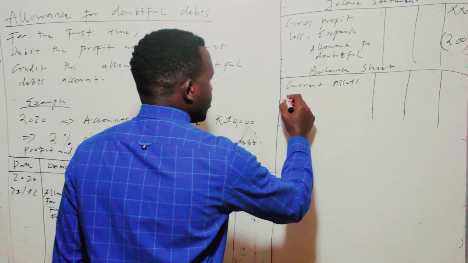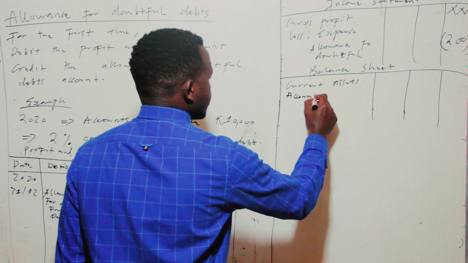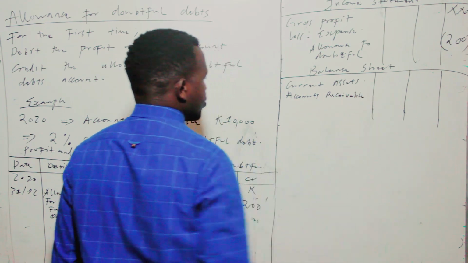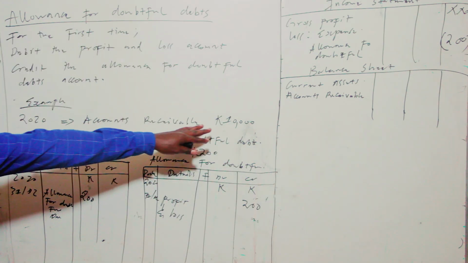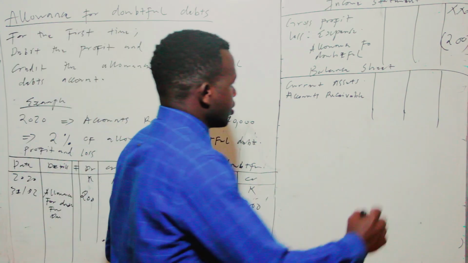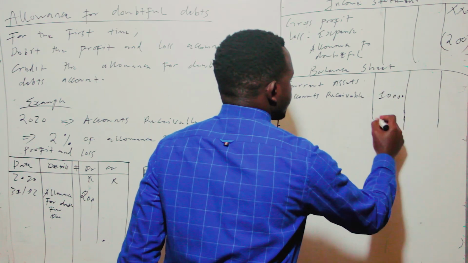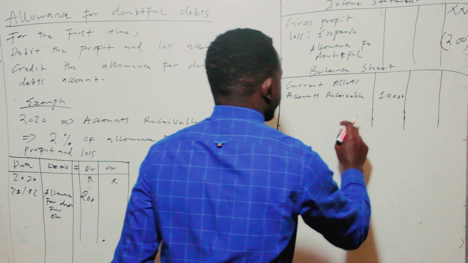So we have accounts receivable of 10,000 kwacha. We are supposed to subtract this 200 from accounts receivable.